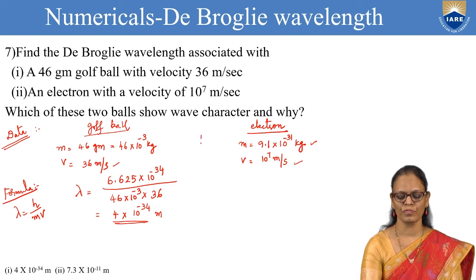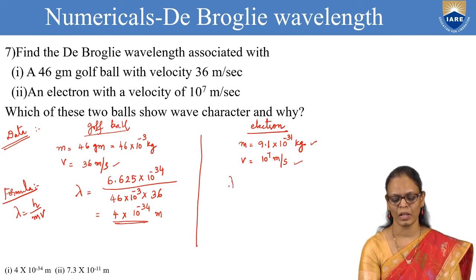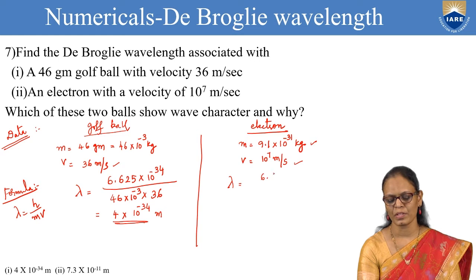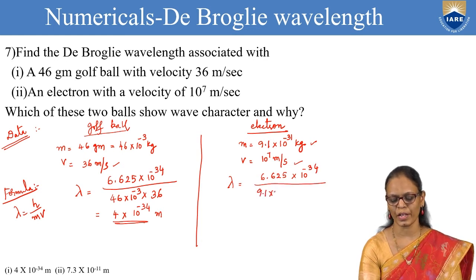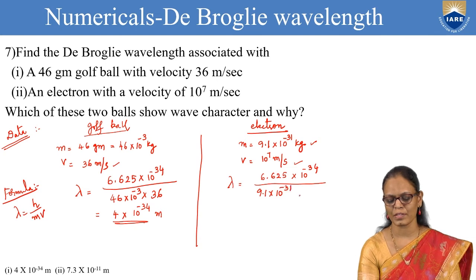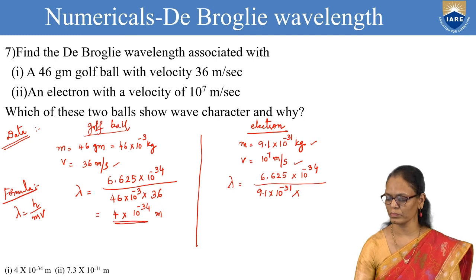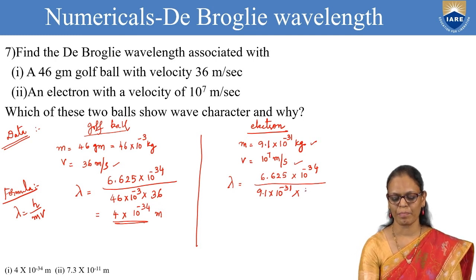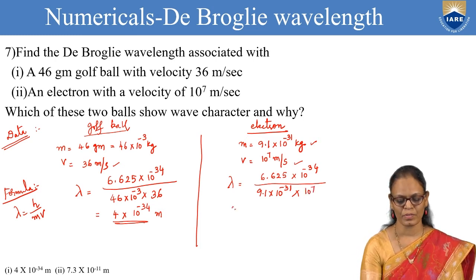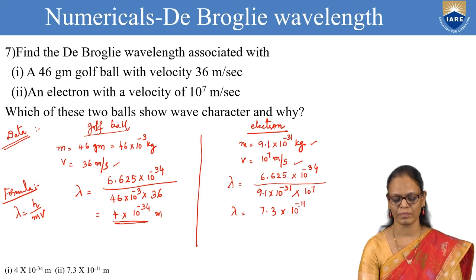Now for the electron, again lambda is equal to 6.625 into 10 power minus 34 upon 9.1 into 10 power minus 31 into 10 power 7. So lambda is equal to 7.3 into 10 power minus 11.